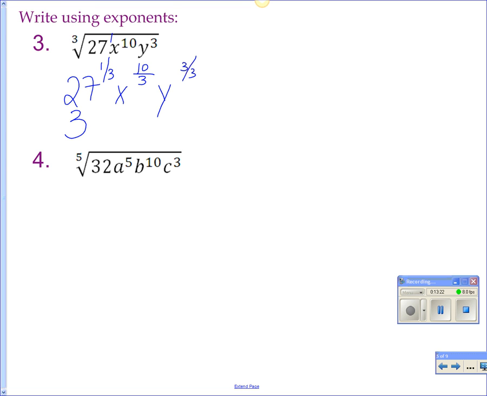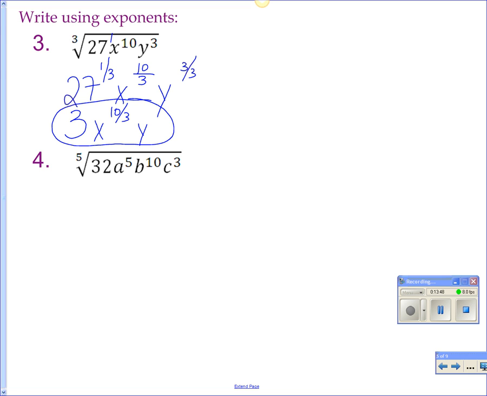Does 10 divide by 3? Nope, so you can just leave it as 10 over 3. Does 3 divide by 3? Yes, so we need to simplify that. What's 3 divided by 3? 1. So that's your final answer right there. 3, x to the 10 over 3, and y.